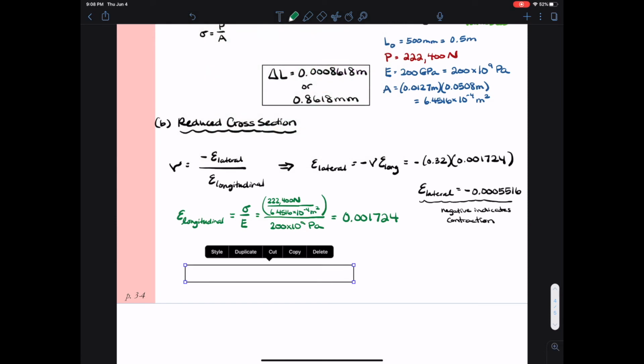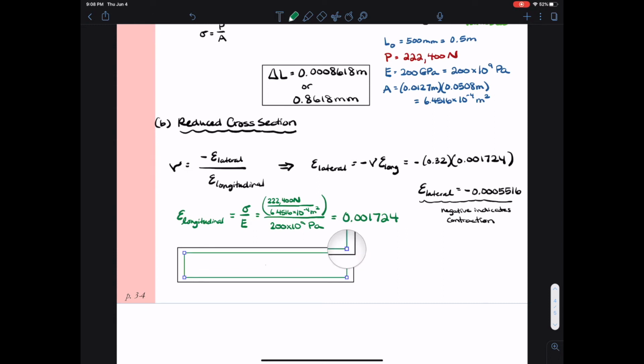So I'm sketching here a rectangle. This rectangle will be kind of our initial geometry, and then after we pull on the member, the cross-section is going to shrink in the lateral direction, both vertically and in the horizontal direction, as we're looking at the cross-section here in this view.